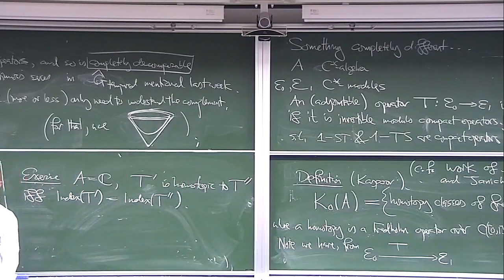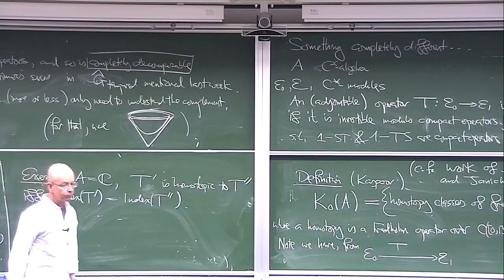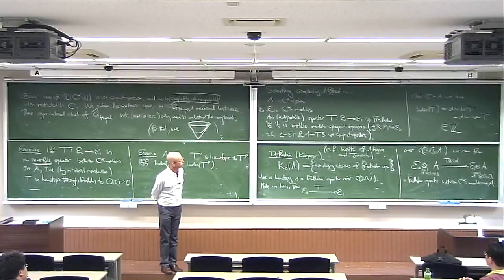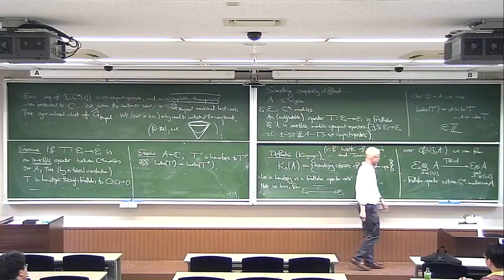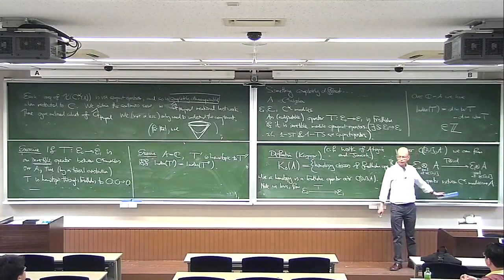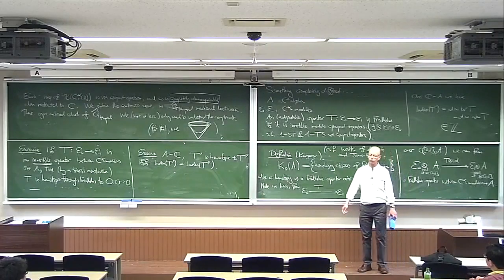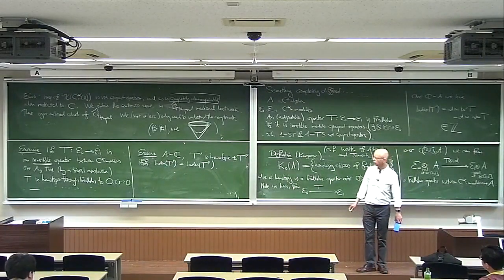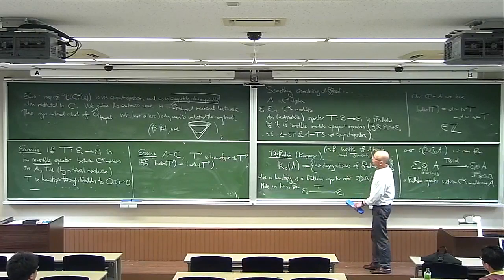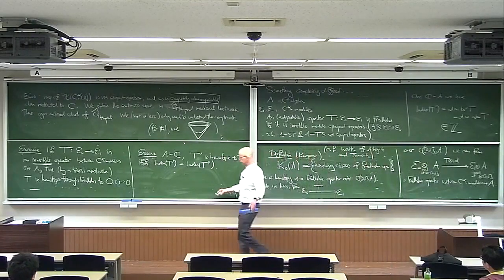Oh, excuse me. Can you explain the definition of homotopy again? So suppose you have two Fredholm operators, say E0 to E1 and E0 prime to E1 prime. Then how can you tell they're homotopic? I will answer your question.